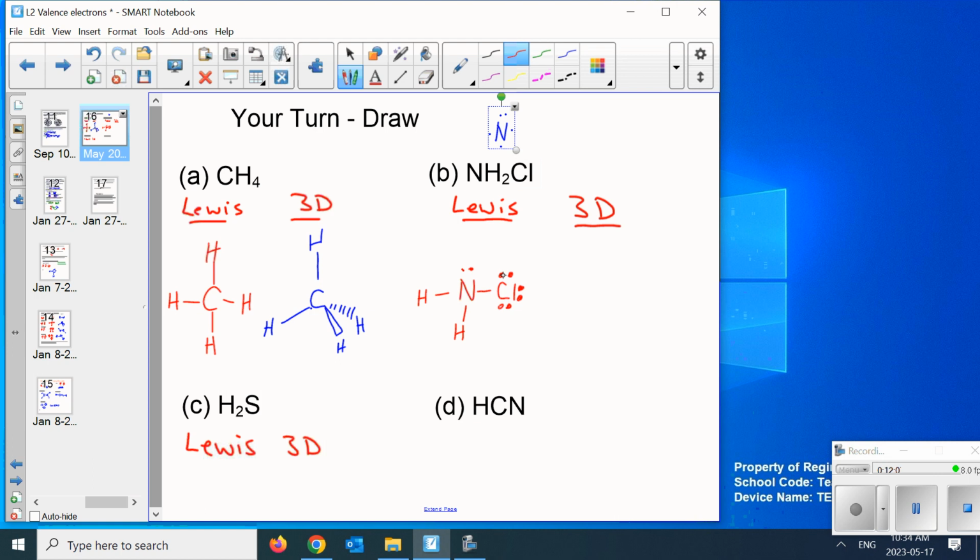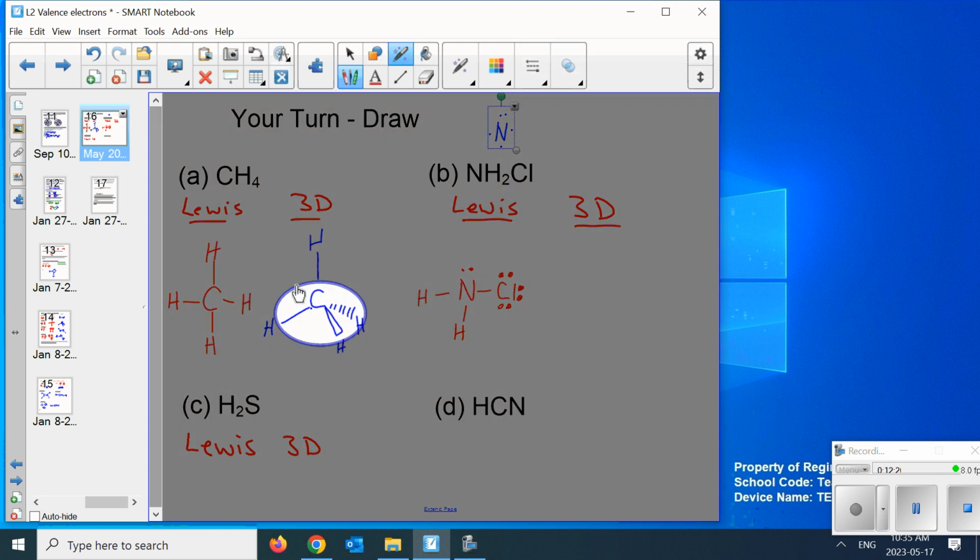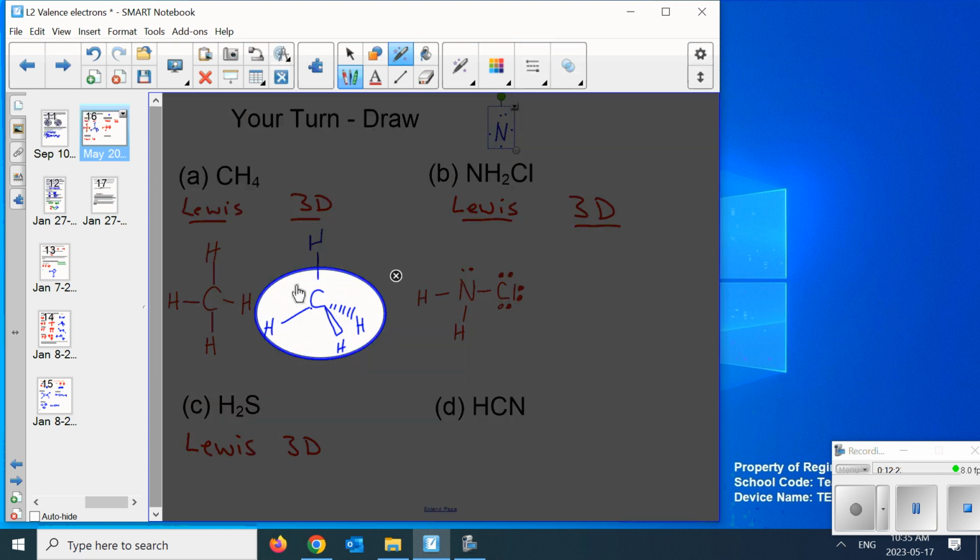So to draw this, let's do it this way. Here's the way I think of this. This is basically the same geometry as the methane, but with the top cut off. So I'm going to draw a tripod base with an N in it.